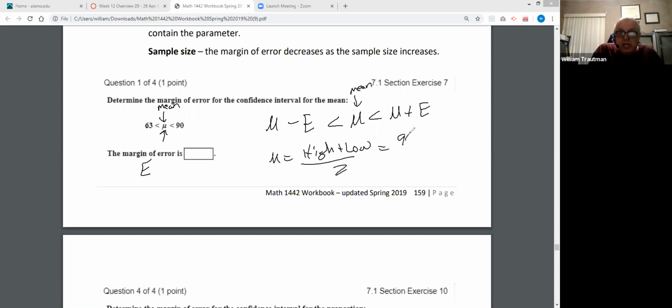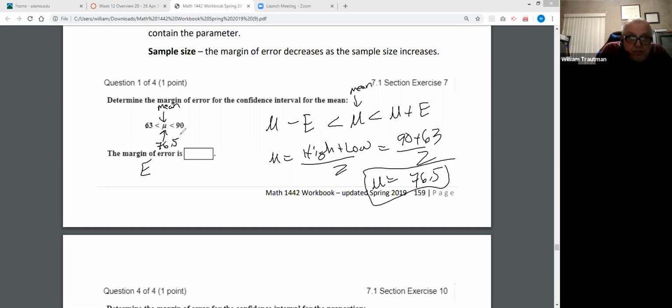So let's do that. 90 plus 63 divided by 2 on my calculator. 90 plus 63, enter, 153, divided by 2. So the mean for this problem is 76.5. In other words, this middle number is 76.5.